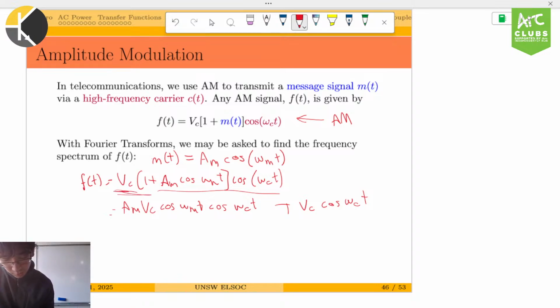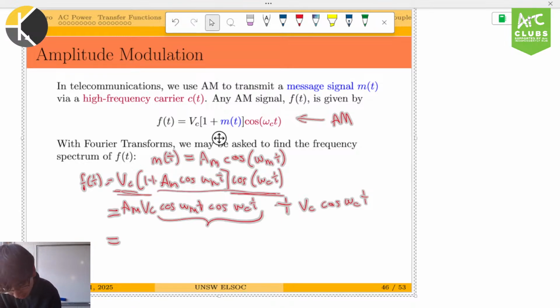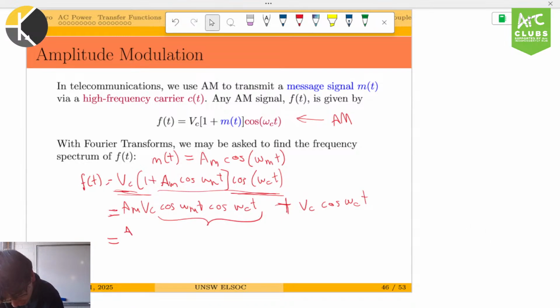Same with this, I've multiplied it with the carrier frequency at the back. We need to change this into a sum of cosines so that we can convert this into the frequency domain later on. Using an identity that you may or may not remember, we're going to halve the total magnitude and we're going to take the sum and the difference of these two angles.